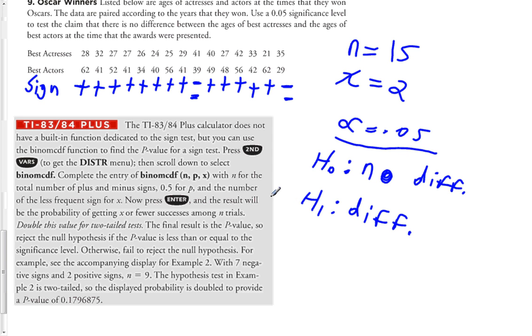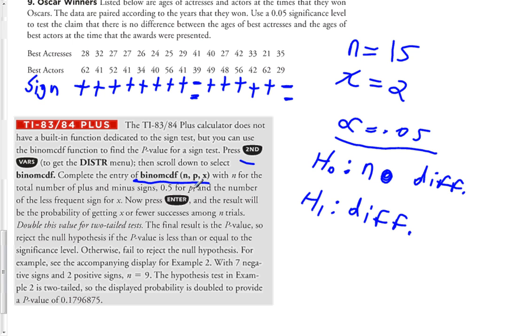So this is how we do it in the TI-83. What we have to do is hit second and then vars to get to the distributions, and we're going to be using the binomial distribution with n, p, and x. And for p, we're going to use 0.5.